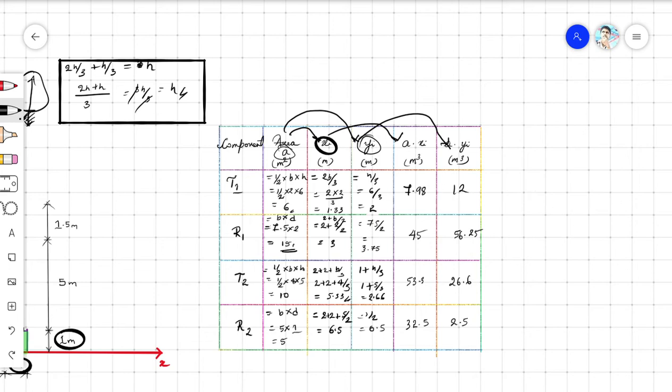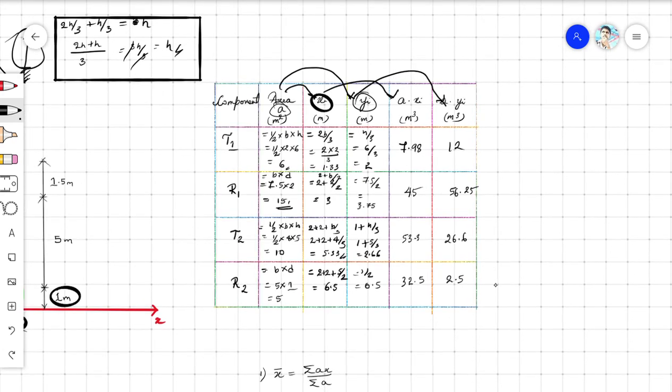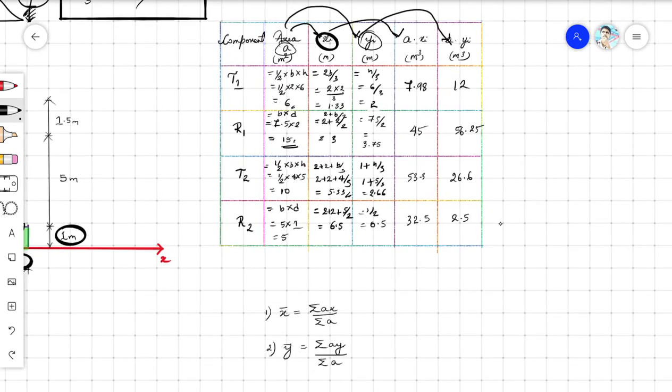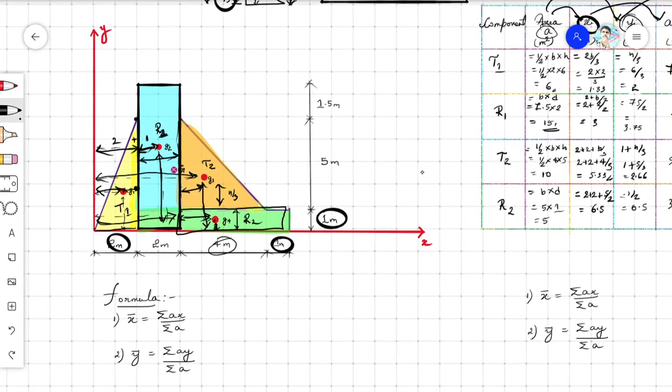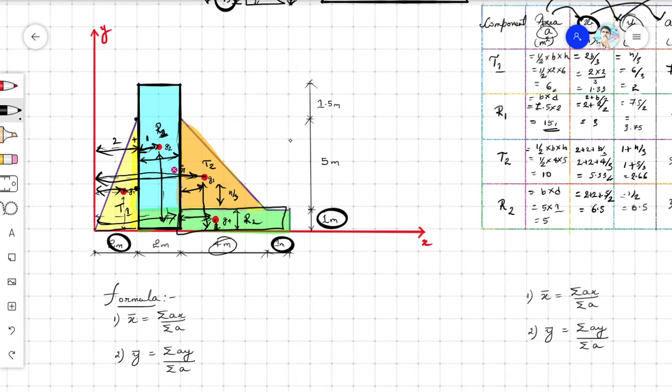I hope there is no doubt in how to calculate this mathematics, right? It's just calculator work. What you need to understand is the concept: whenever you take the centroid, from that built-up section to this axis, it should start from that built-up section to wherever there is an axis.